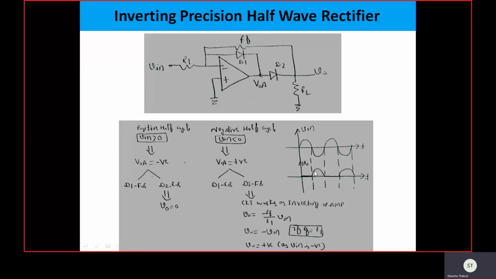So we get the positive half cycle corresponding to the negative half cycle. In this way, the output obtained is positive. So we are again getting pulsating DC, but we have obtained the inverted output. That's why this rectifier is called the inverting precision half wave rectifier.